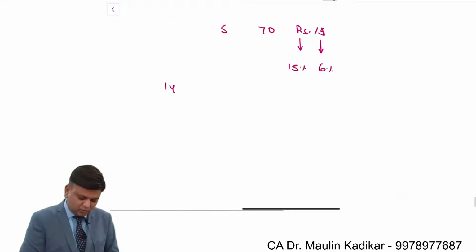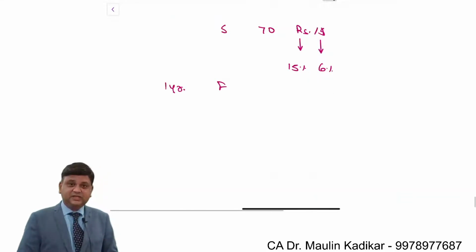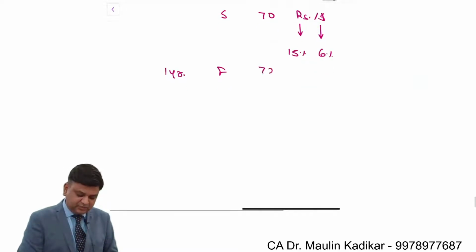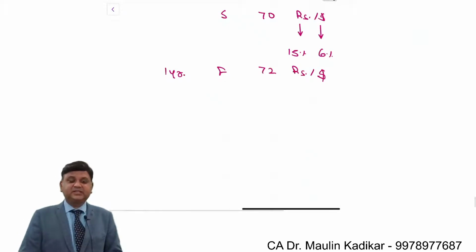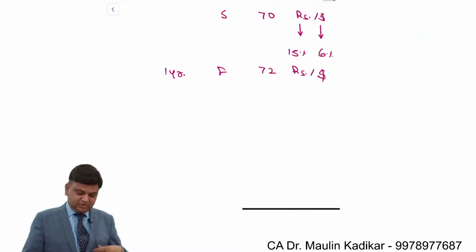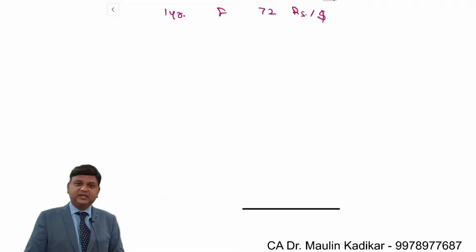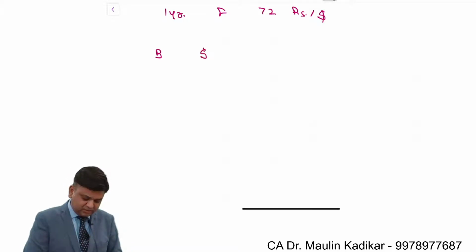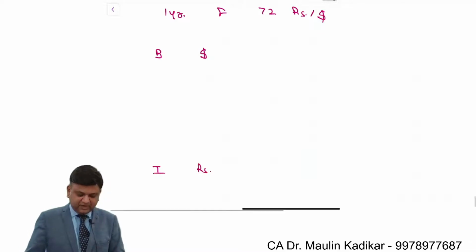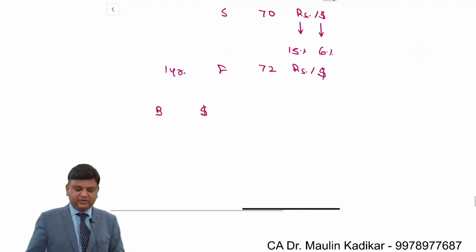In that case, 1 year forward exchange rate cannot be 72 rupees per dollar. Why? Because in that case, everybody can do arbitrage. This time we understand that the arbitrage is possible by way of borrow dollar and invest in rupees. With that, you will be able to make the profit.